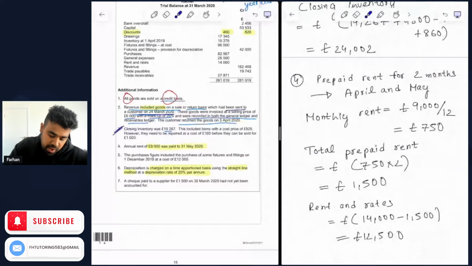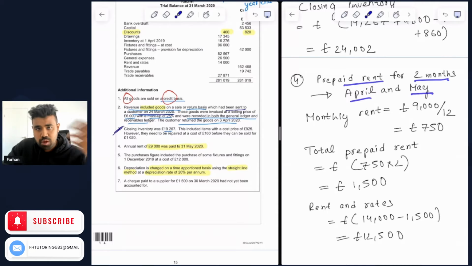Annual rent of £9,000 was paid to 31 May 2020. Okay, so we know that the financial year ends on 31 March, and if the rent was paid up to 31 May 2020, that means that rent has been prepaid for 2 months, and those 2 months are April and May, which comes in the next financial year.